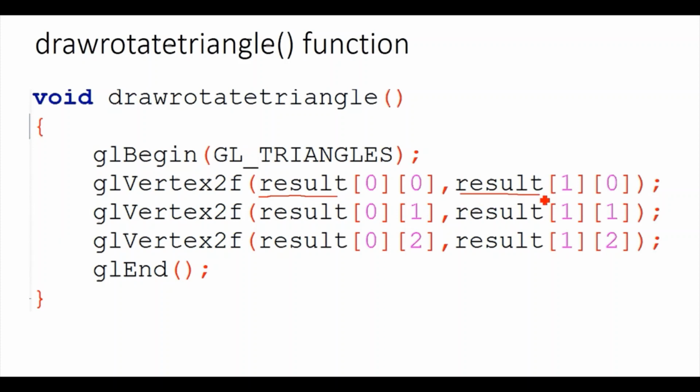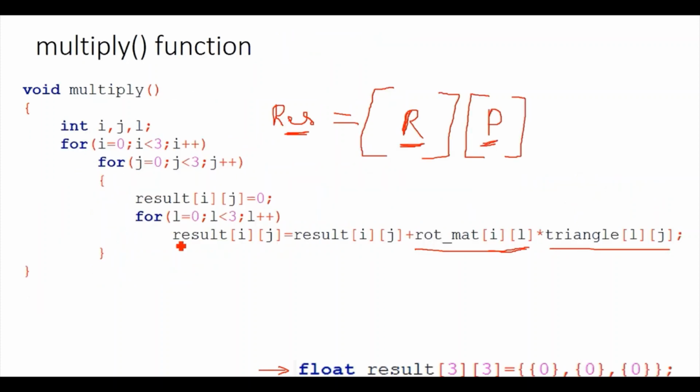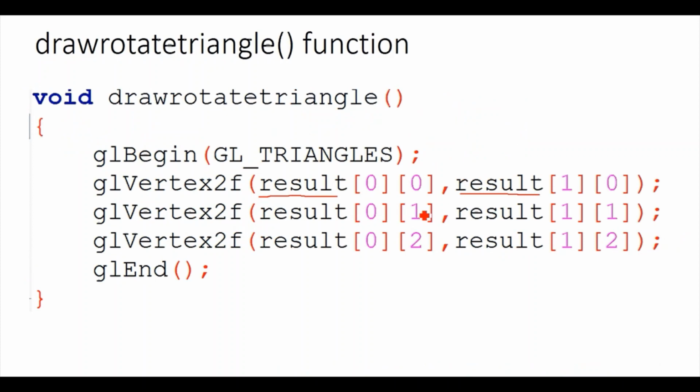It is the one which contains the multiplication of these two matrices. So you're just drawing that: 0 0 and 1 0 gives us the first point, 0 1 and 1 1 gives us the second point, 0 2 and 1 2 gives us the third point. The third dimension is homogeneous coordinates. It is irrelevant for us in this context.